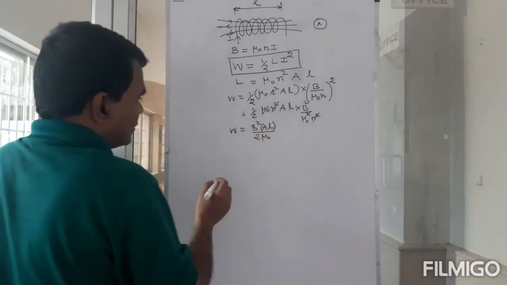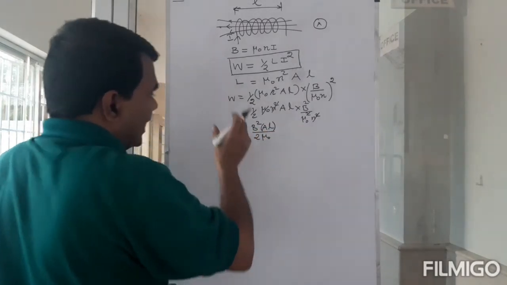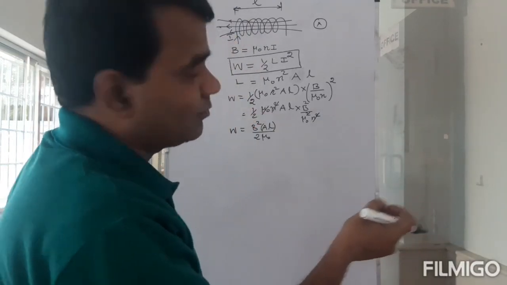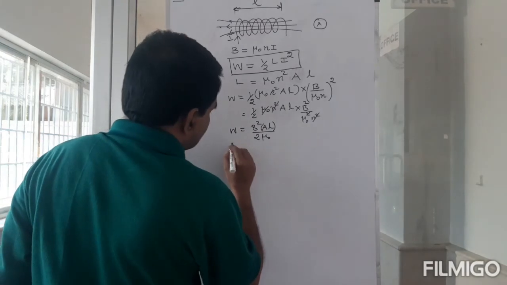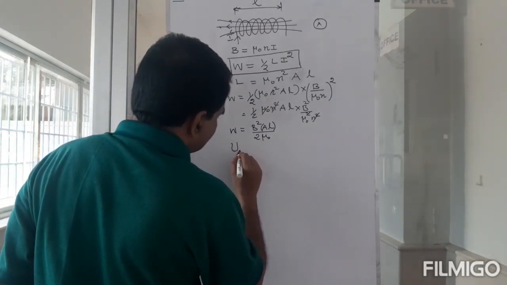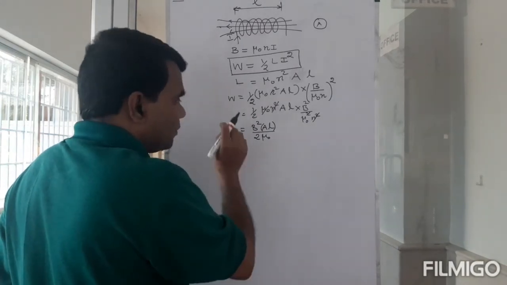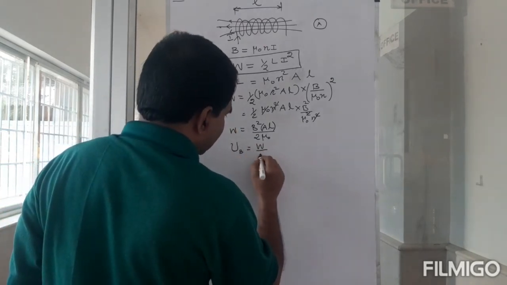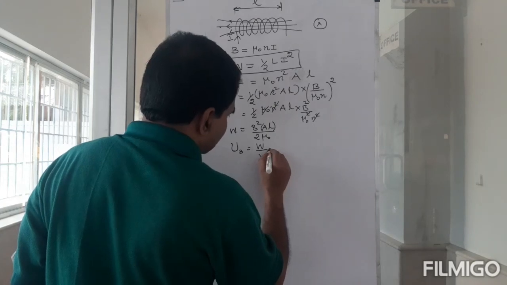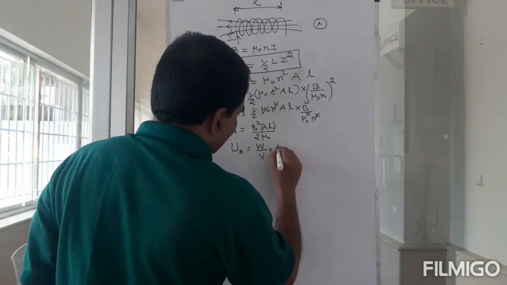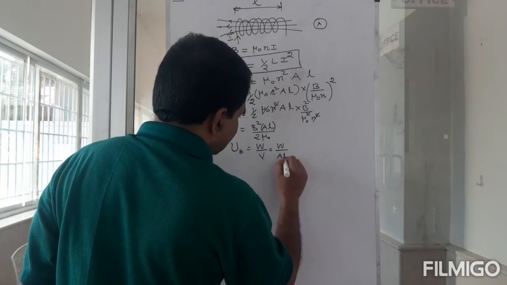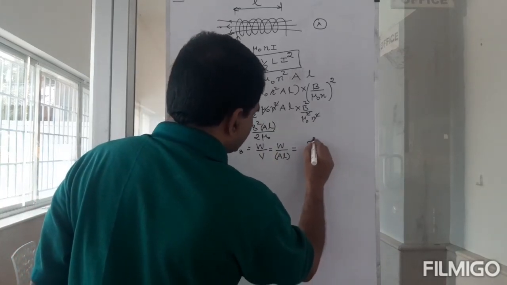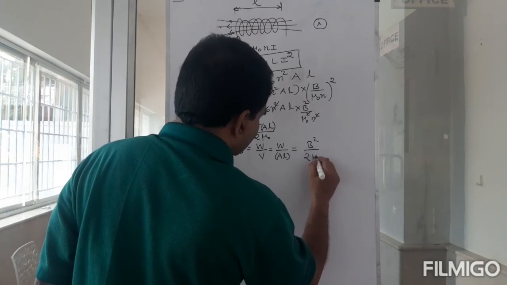So if I take the energy stored per unit volume, what am I going to get? The energy per unit volume, U B, is going to be equal to the work done divided by the volume V, which is the work done divided by area into length, and that is equal to B squared by 2 mu naught.